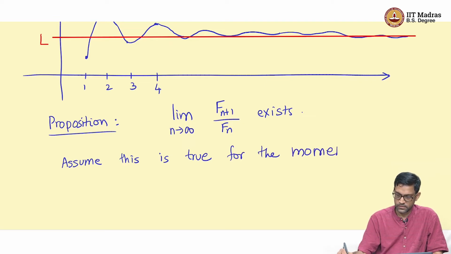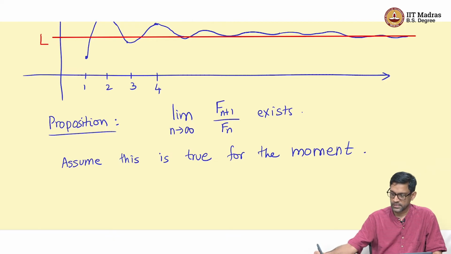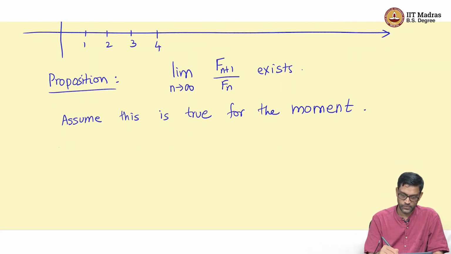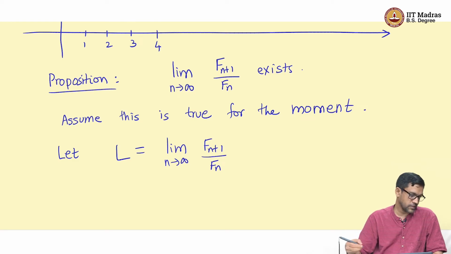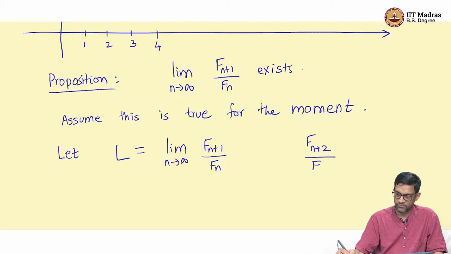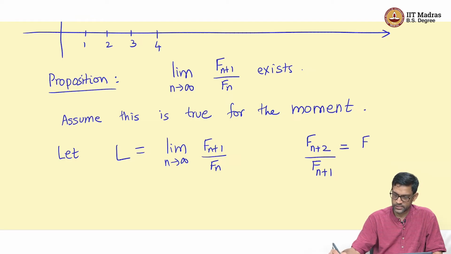Now, let us try and compute the value of this limit given this assumption. Let L denote the value of this limit. Observe that because of the way the Fibonacci numbers are defined, if you compute the next term of this sequence, f(n+2) over f(n+1), you can just write out the definition.